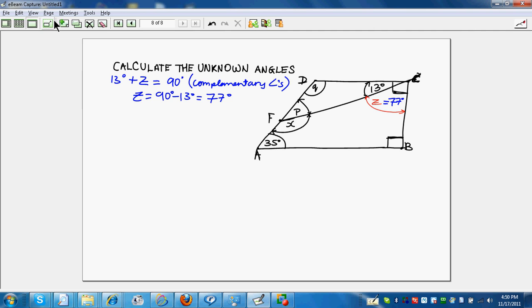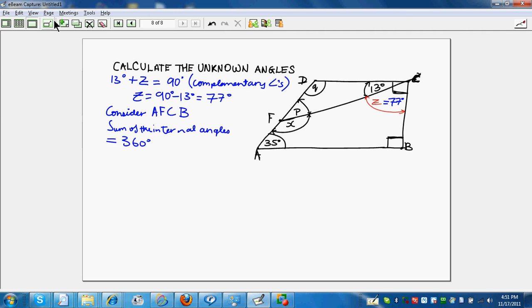So what I'm saying now is if we consider the polygon, which is a quadrilateral, A, F, C, B, then we know that the sum of the internal angles of this shape, which is a quadrilateral, is equal to 360 degrees.